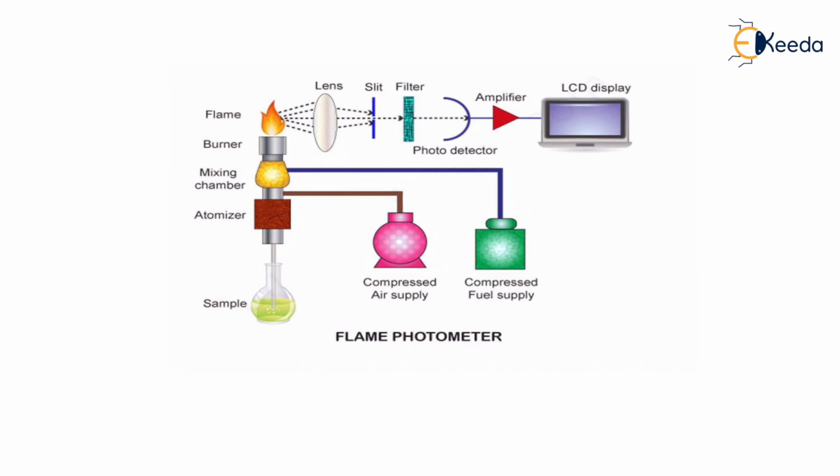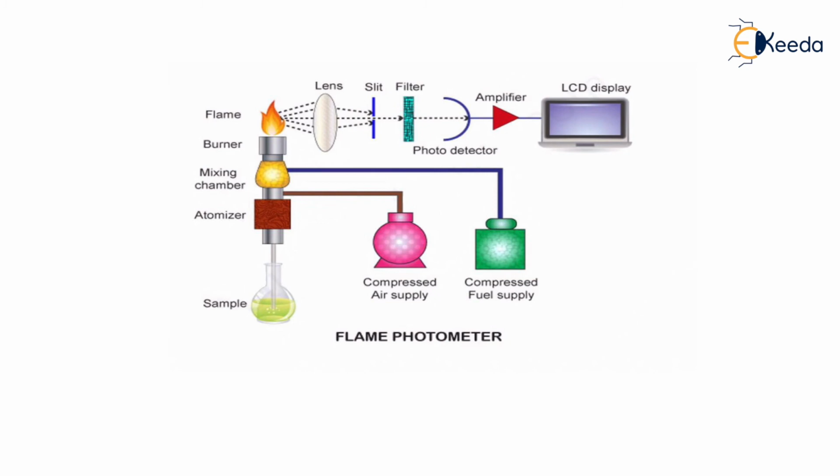Because we are combining air supply with fuel supply. After that, the atomizer, sample and the mixing chamber, all the particles go up and help the flame maintain a constant temperature. That temperature can be 1700 degrees Celsius or 4000 degrees Celsius, depending on what the sample is and what the oxidant and fuel combination is.